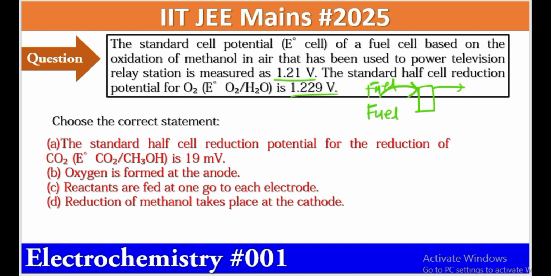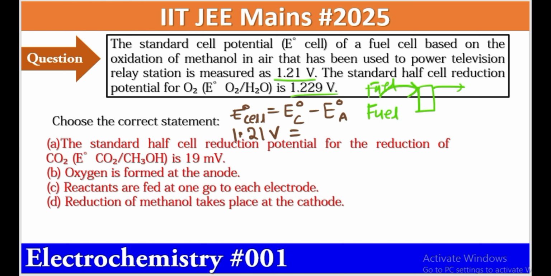So now we have to verify all of these four options. We all know E°cell equals E°cathode minus E°anode. The standard cell potential is given, which is 1.21 volt, equal to E°cathode.